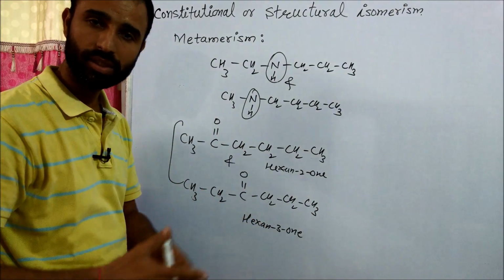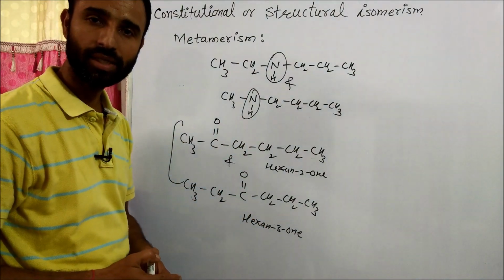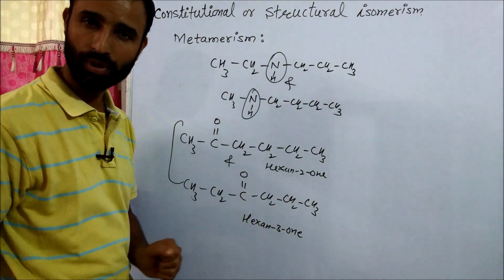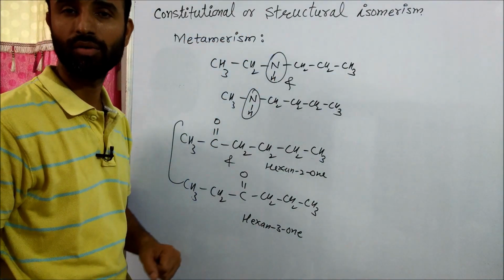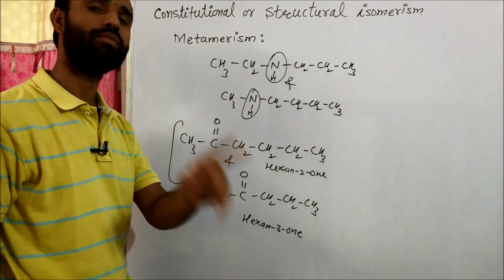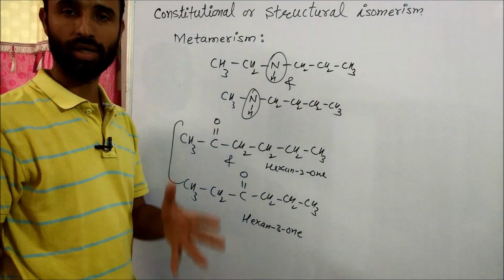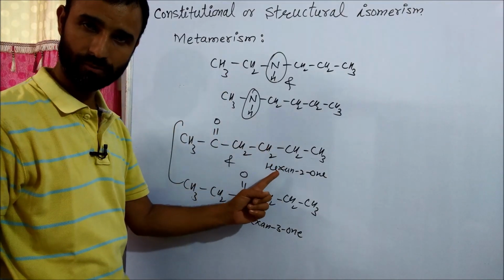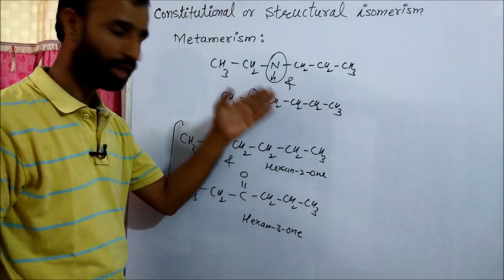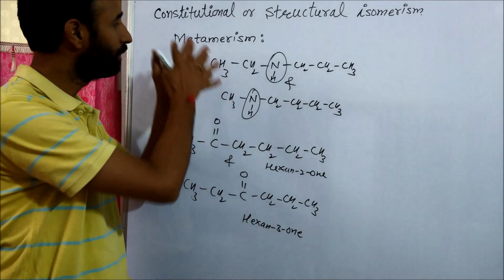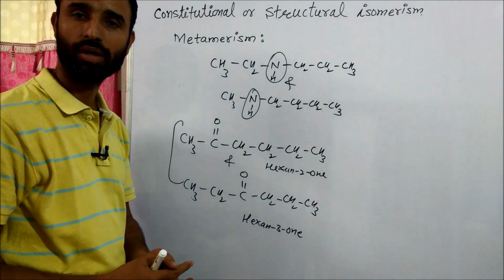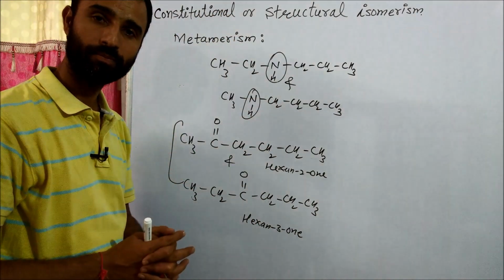So in metamers, difference lies in the nature of alkyl group attached to the polyvalent atom or functional group. And ether, secondary amine and ketone provide us example of metamers and metamerism.